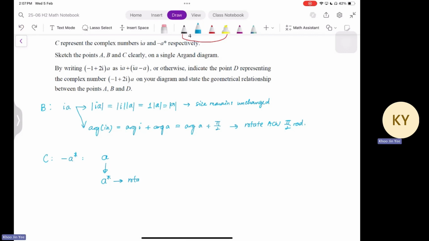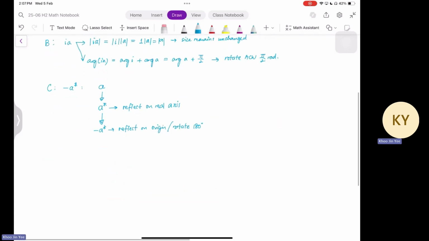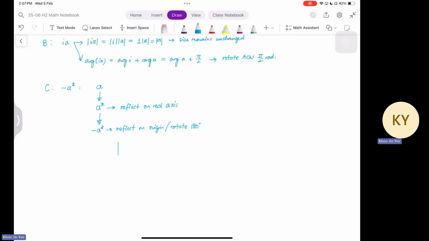So not rotate, reflect on the real axis. And then the next step, when we take the negative, we will reflect on the origin, or we rotate 180 degrees. So with these two, now let us sketch our Argand diagram.